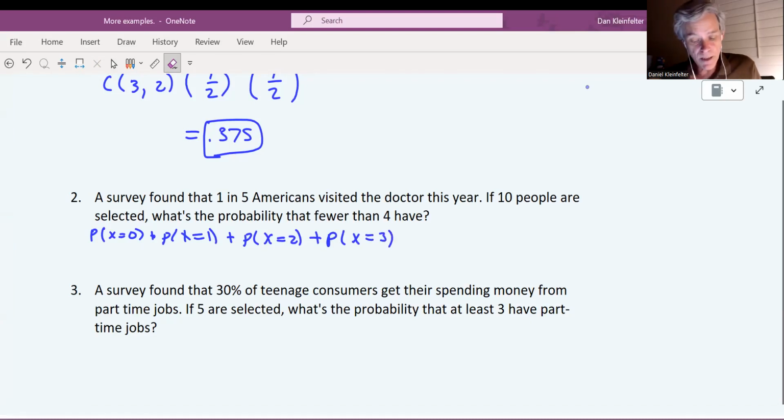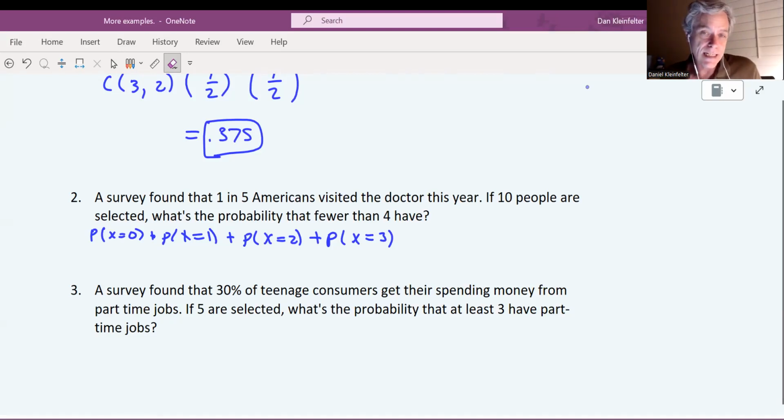So for these purposes, we would need to run the formula 4 times. If we're looking for fewer than 4 people, that would be no people, 1 person, 2 people, or 3 people.